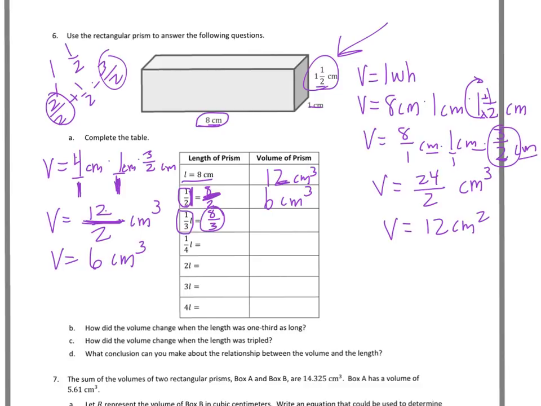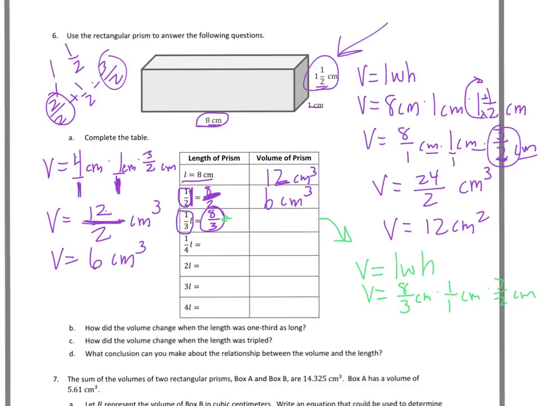So I'll do one more, and then I'll let you go for this one. And I'll do the 1/3. So volume equals length times width times height. My length now is 8/3 centimeters times 1 over 1 centimeters times 3 halves centimeters.